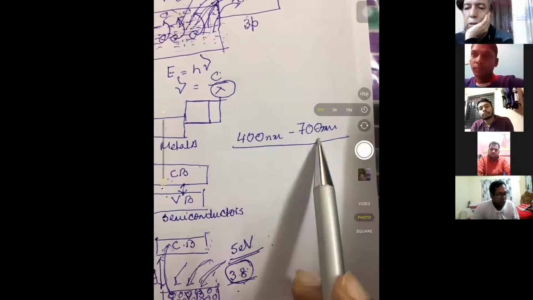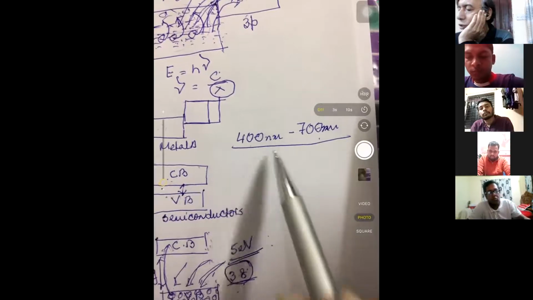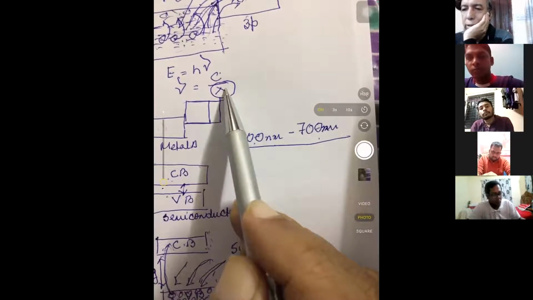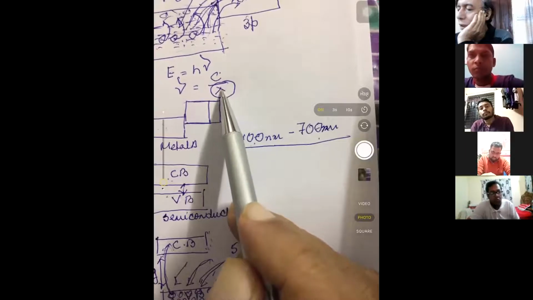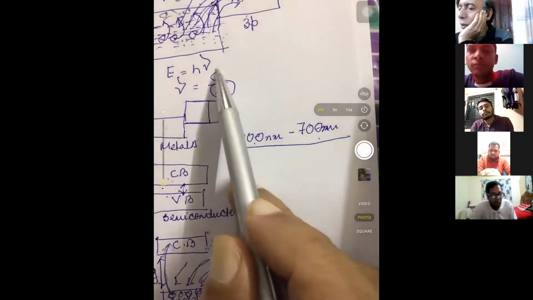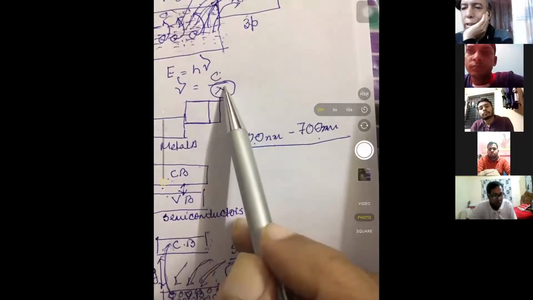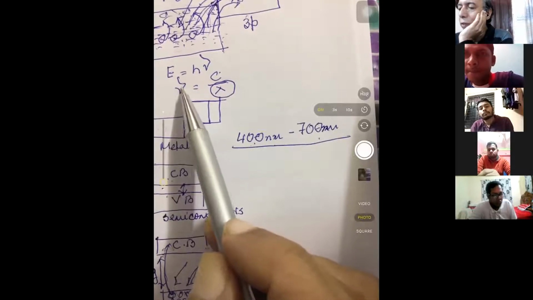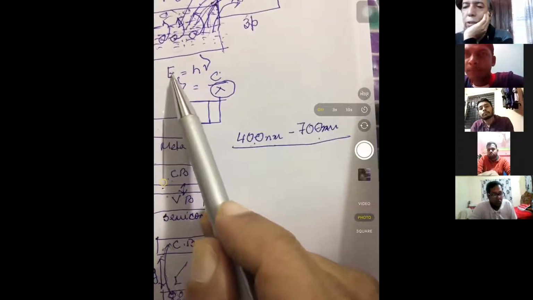Sir, 400 nanometer. If the wavelength is 400, then the value of nu is higher. If the value of nu is higher, then the value of E is high.